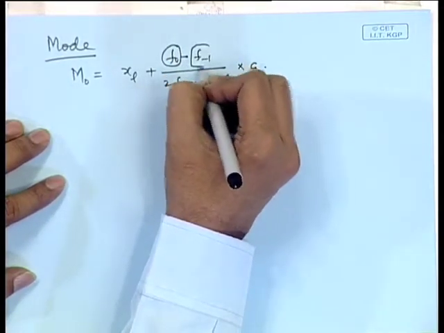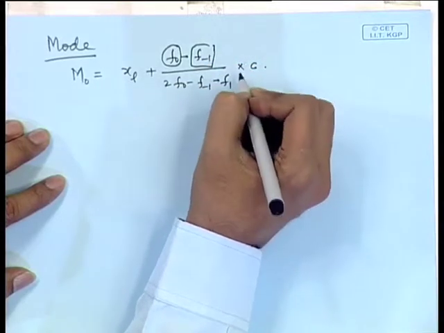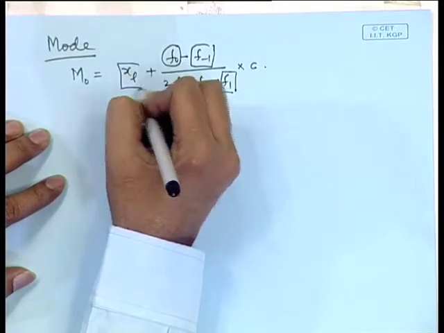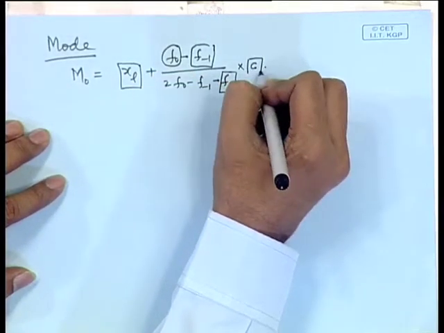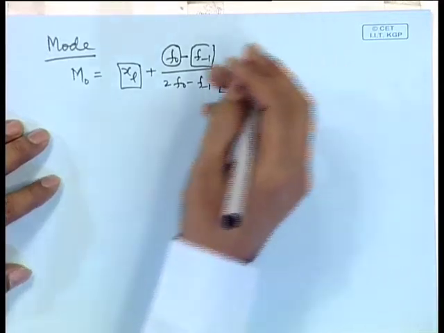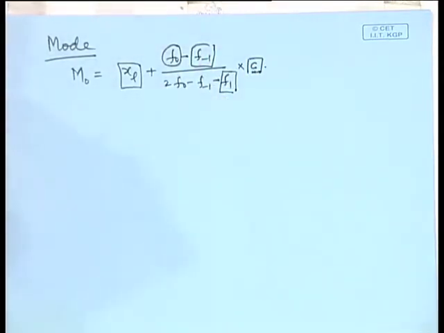F minus 1 is the frequency of the class prior to that, and f 1 is the frequency of the class after it. X L is the lower limit of that class, and C is the length of the class interval. So, this formula is used for calculating the mode when we have a frequency distribution.